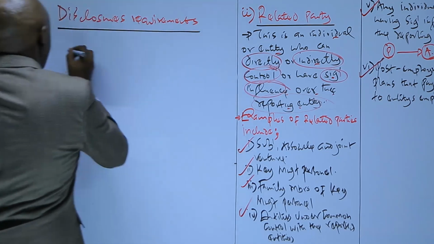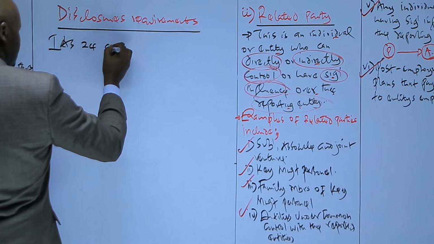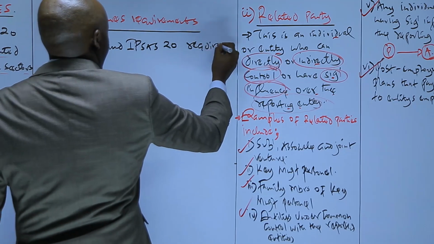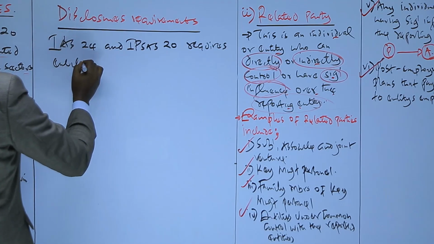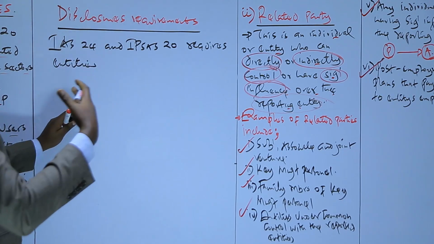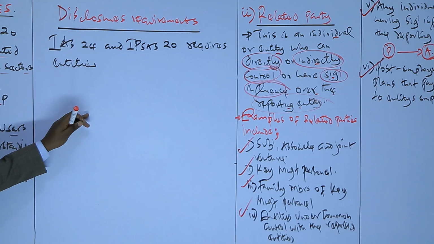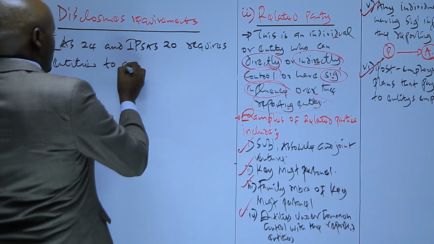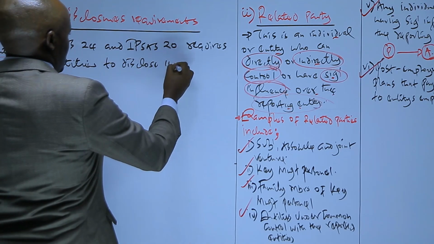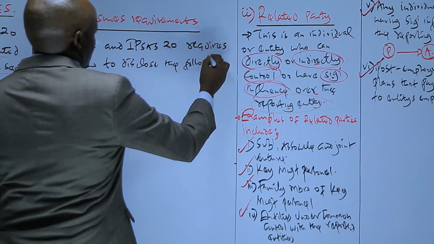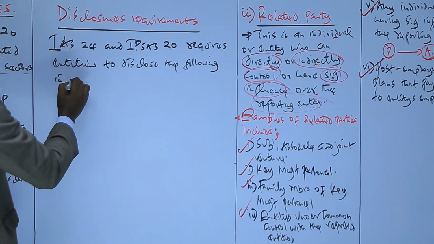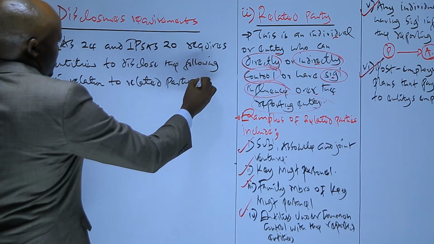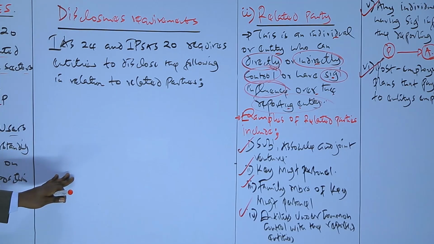IAS 24 and IPSAS 20 require entities, that is, profit-oriented entities, public sector entities and not-for-profit organizations, to disclose the following in relation to related parties. So which information needs to be disclosed?